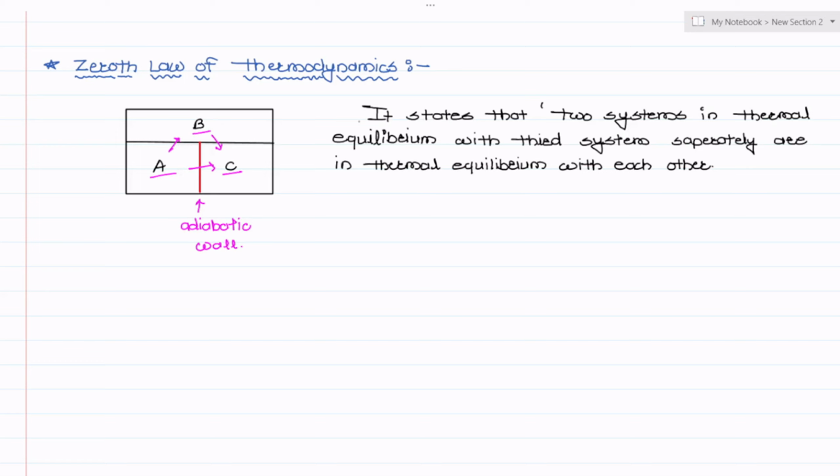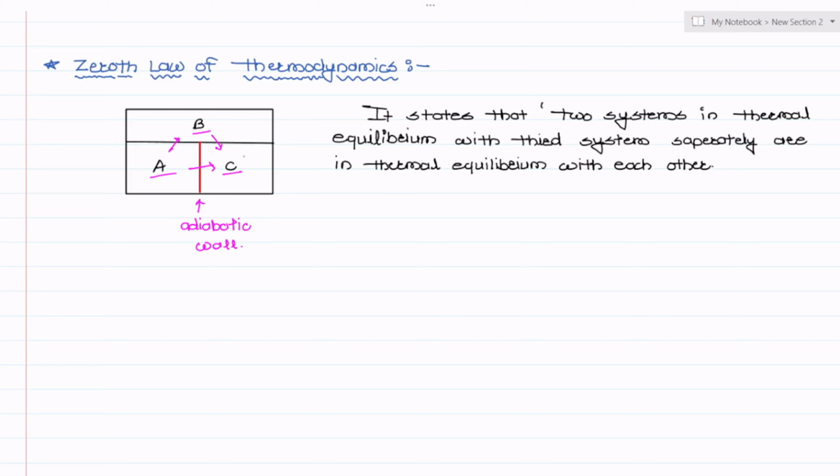It states that two systems in thermal equilibrium with a third system separately are in thermal equilibrium with each other. Means if A and B, and C are separately in equilibrium, then A and C are also in thermal equilibrium.